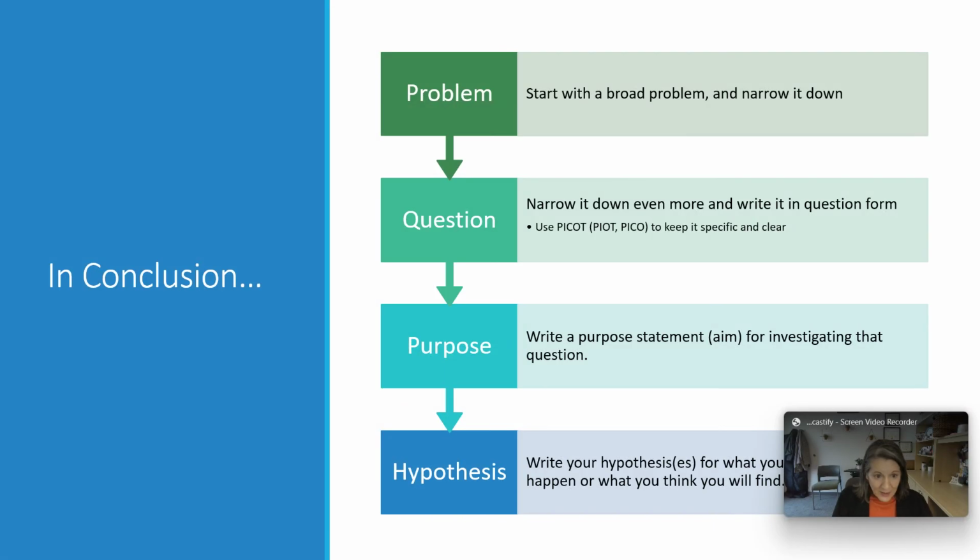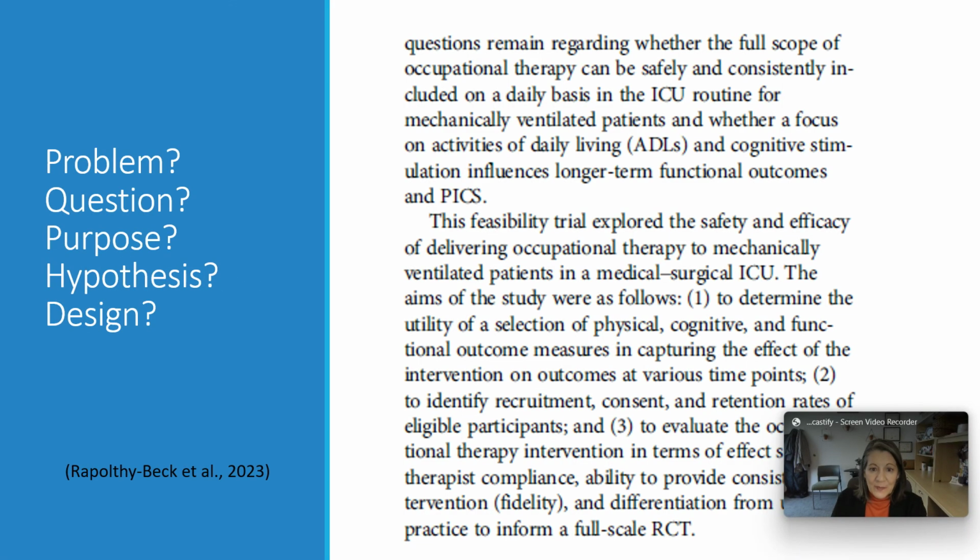I have provided some examples of these different types of questions in some documents on our lab section of our Brightspace course site, so you might want to take a look at those if you need some more examples. We're going to be looking at some in class, but you can take a look at these little snippets and see if you can figure out what would be the problem, the question, the purpose, the hypothesis, and what kind of research design the researchers were using.